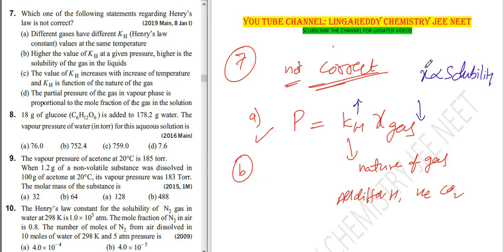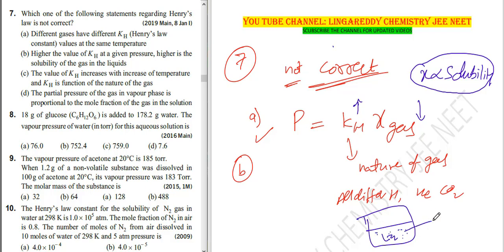X is the mole fraction of gas dissolved in the liquid phase. If X gas is less, solubility will be less. But the option says when kH is higher, solubility is also higher. So statement B is wrong. When kH is increasing, X gas will decrease.